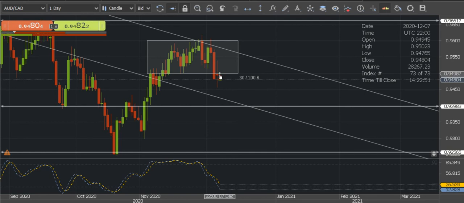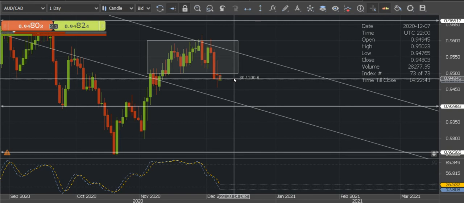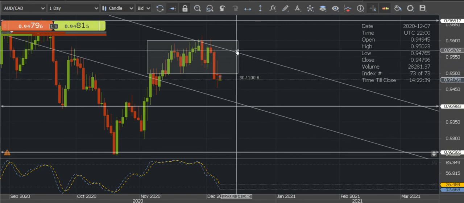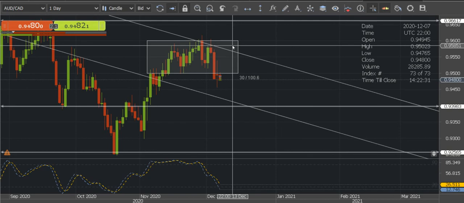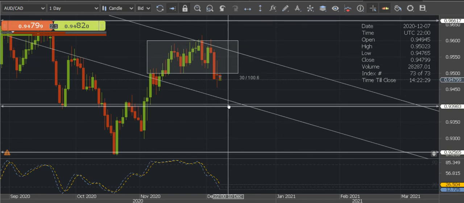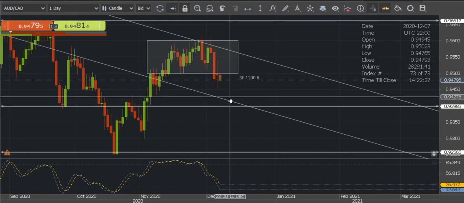Once it breaks, I know it will definitely touch my level. So you can expect, if you put your sell order here, your stop loss should be this area of interest, this level, 0.9570 range, and your TP should be around 0.9420.